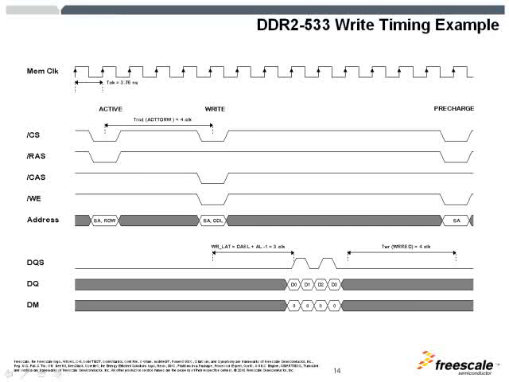One thing to notice here is that on the data bus, the rising edge of the strobe is center aligned on the data I. Similarly, the falling edge is also center aligned on the data.